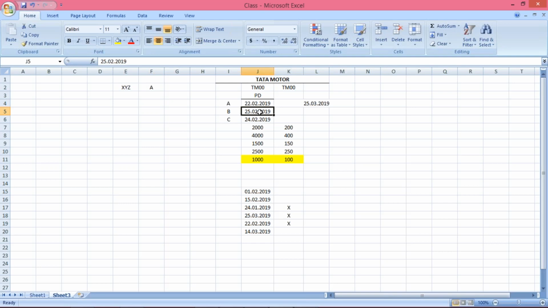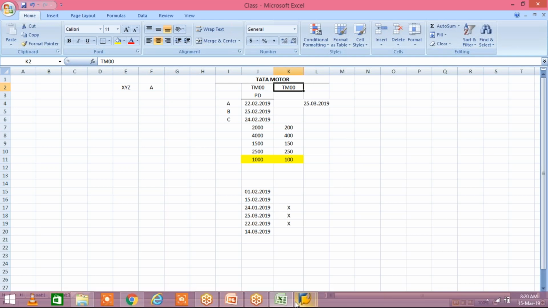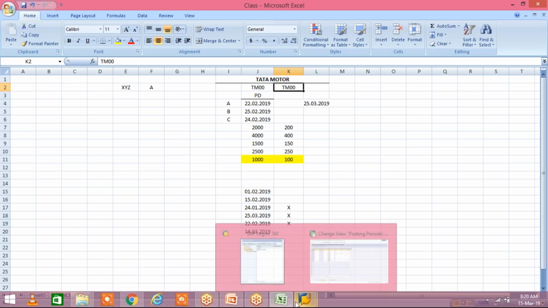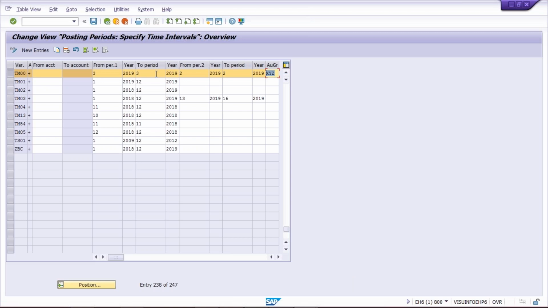Right? So these people, whenever they are going to post these transactions, once again system is going to find out all those things, like which company code: TM00, it's okay. Which posting period variant against TM00: we are having TM00 itself as a posting period variant. Against this TM00, once again here third period is open, so this cannot be posted.